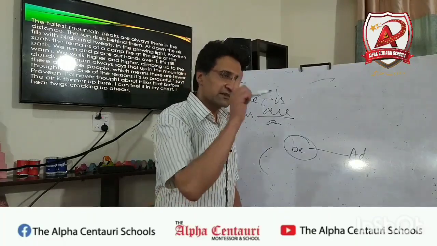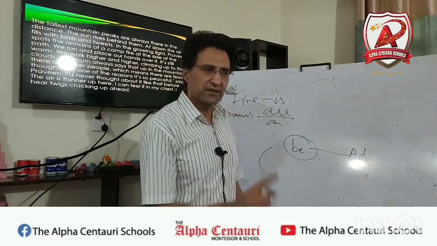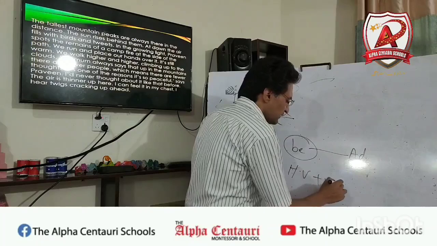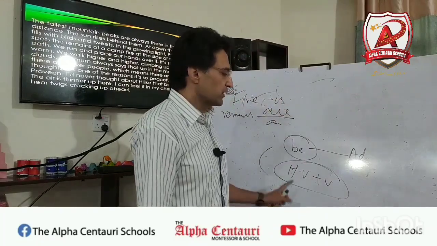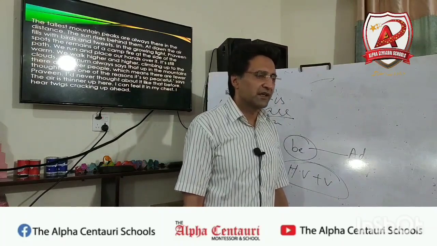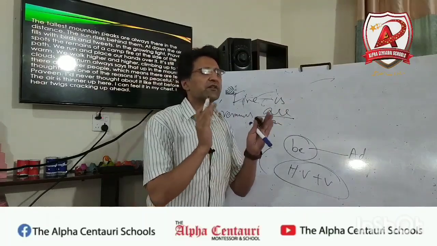Am I clear, ji? Then thirdly, you will assign a task for home reading, just one task. For example, today's task, they will just find out the different forms of helping verb and verb. The rest of the things I just discussed with you people to give you an idea.